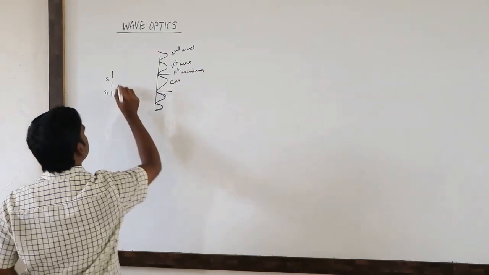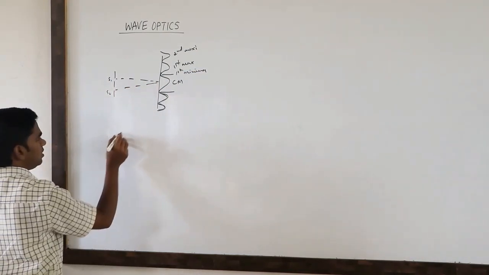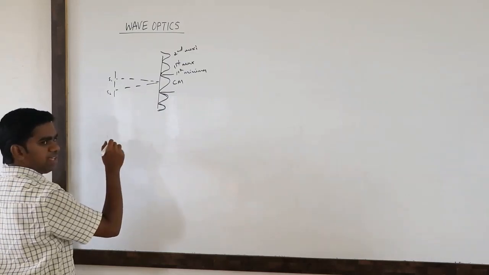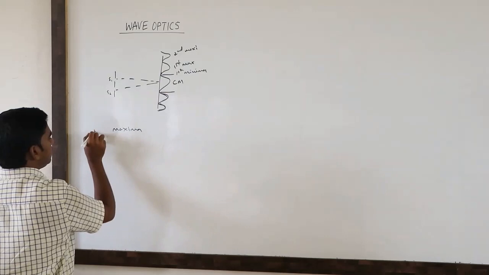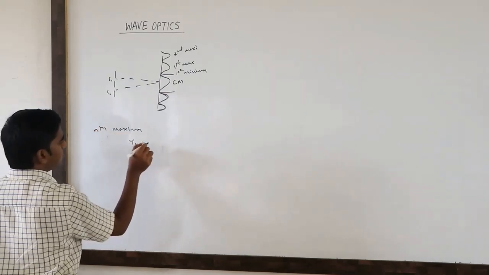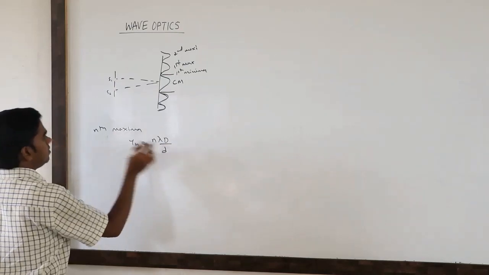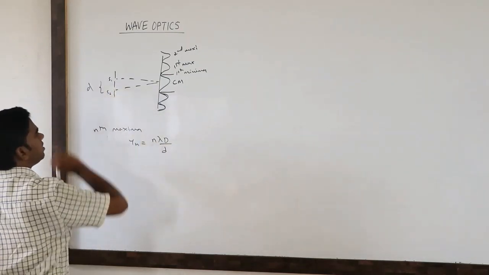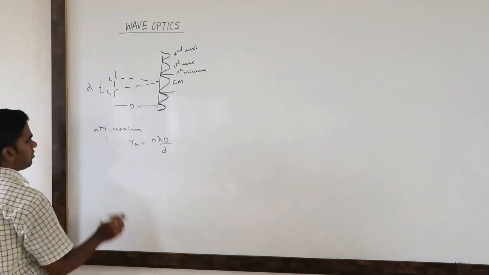We have also found the distance of the nth maxima, yn equals n lambda D divided by d. Here d is the width between the slits, and D is the distance of the screen from the source.